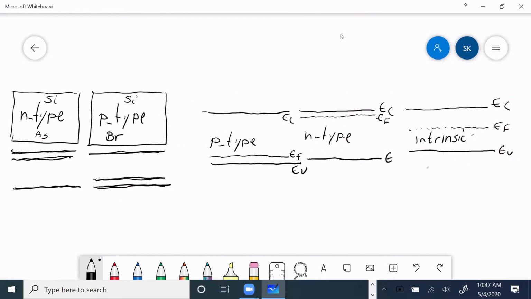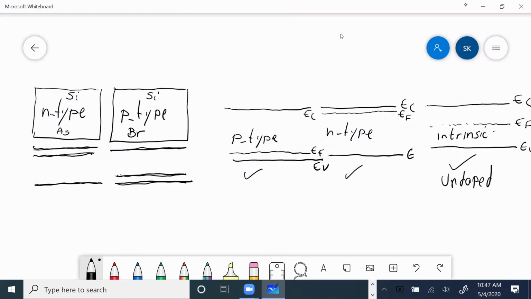Okay, intrinsic means undoped. These are doped, N-type and P-type, which we call extrinsic.